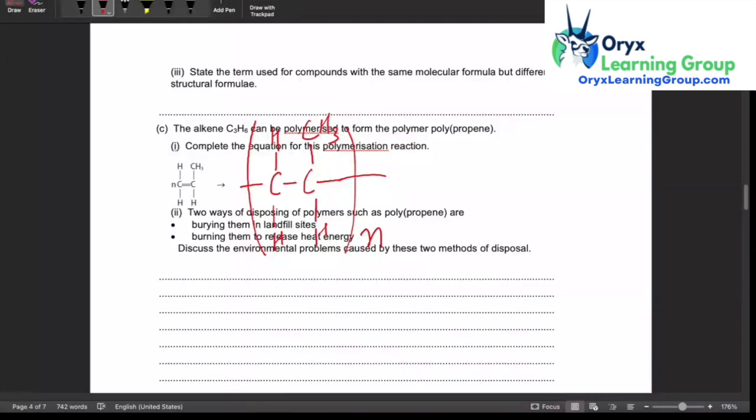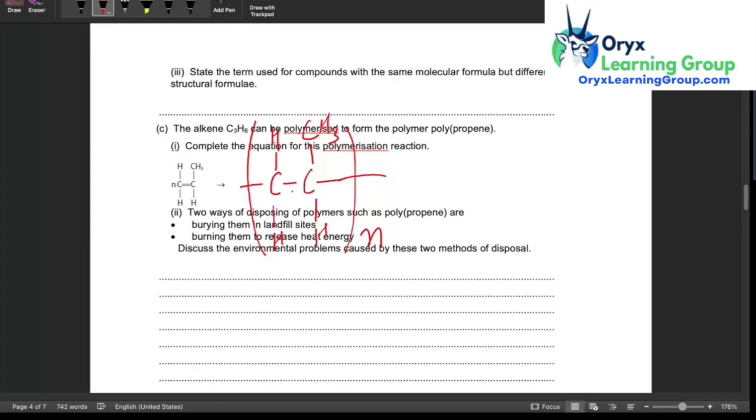I understand, Miss, but when we get this question for polymerization, we never add another carbon, it's just a different way of showing the molecular structure, correct? Yes, correct. Basically it says that n number of these molecules are joining together.